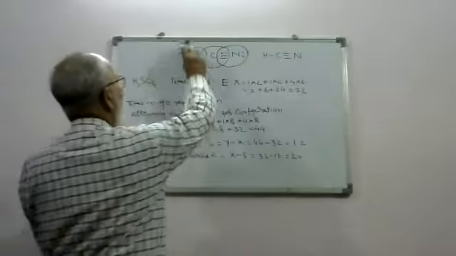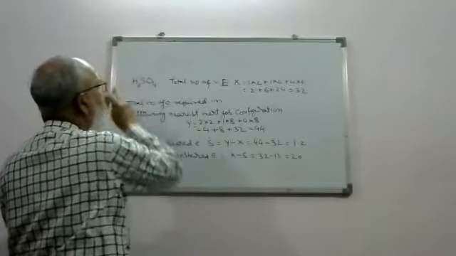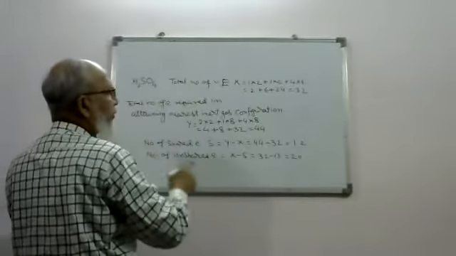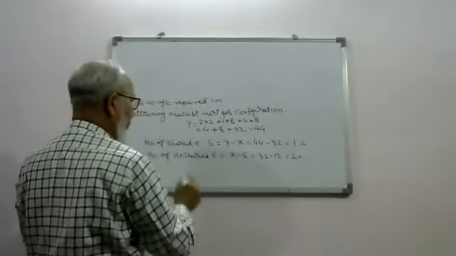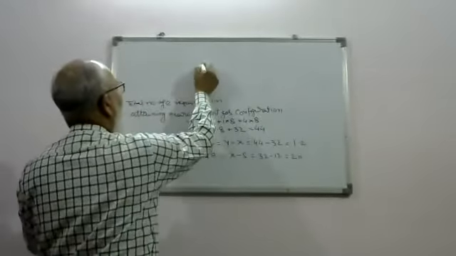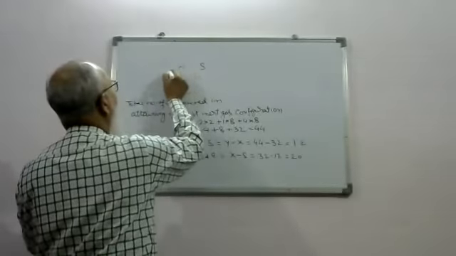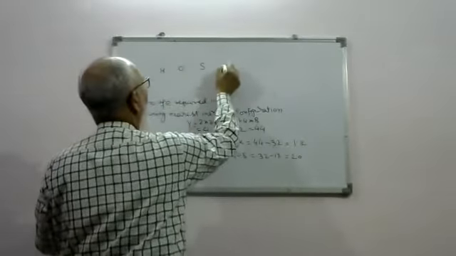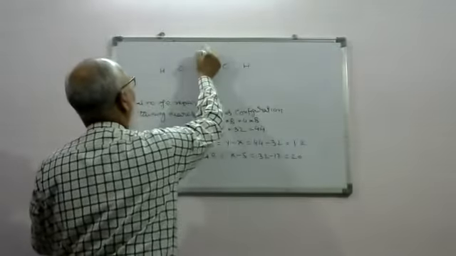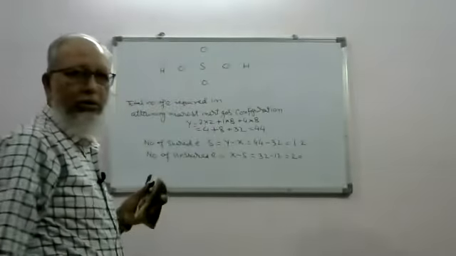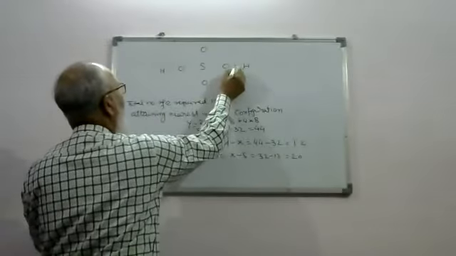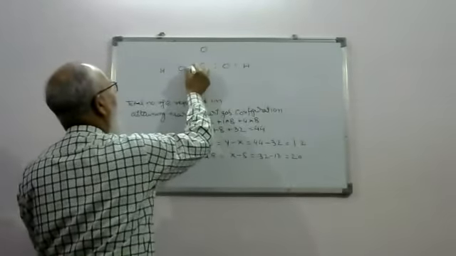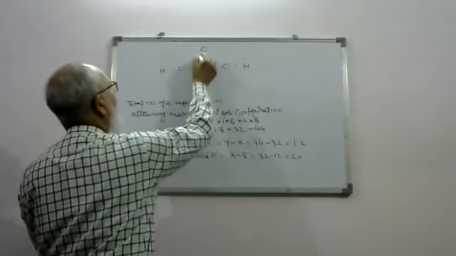Now let us draw the skeleton. This is your S, the least electronegative element, with O, H, O, H, O, O around it. 2 electrons shared here, 2 here, 2 here, 2 here, 2 here, 2 and 2.